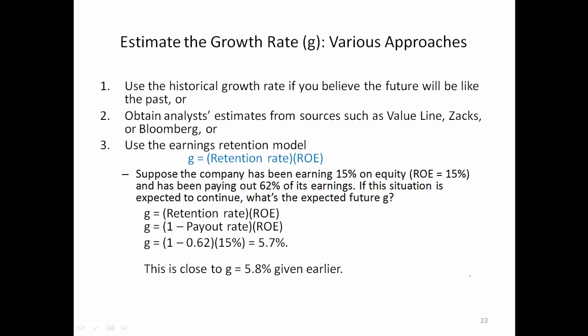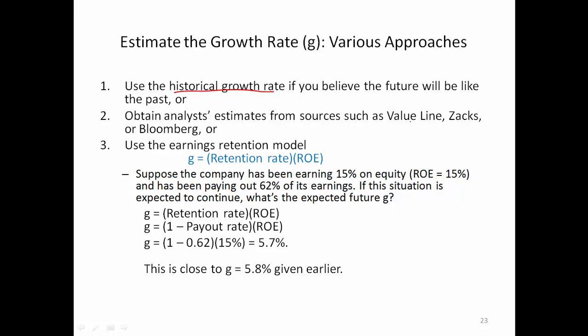In this approach, we need to know the growth rate g. So how do we estimate the growth rate? There are different approaches. You can use the historical growth rate if you believe the future will be like the past. So you can take a look at the historical dividend growth pattern and find the average growth rate in the dividends, and that is a historical growth rate.